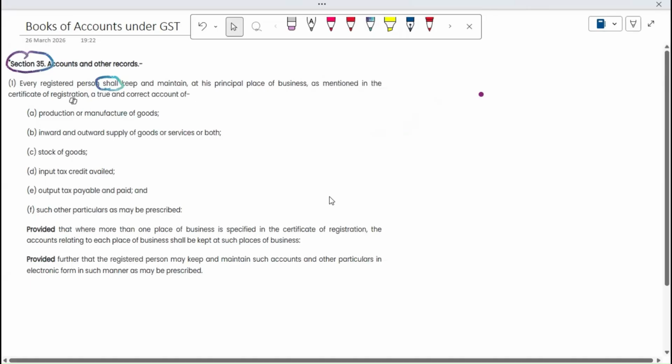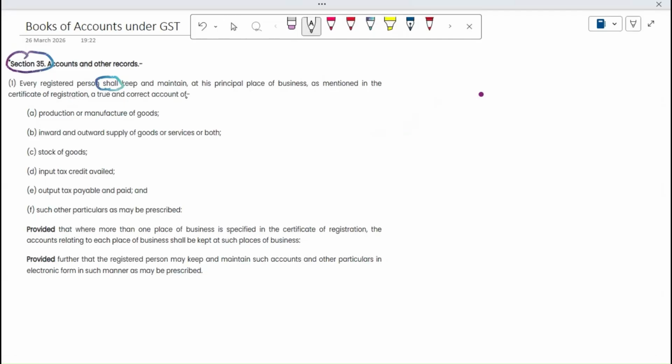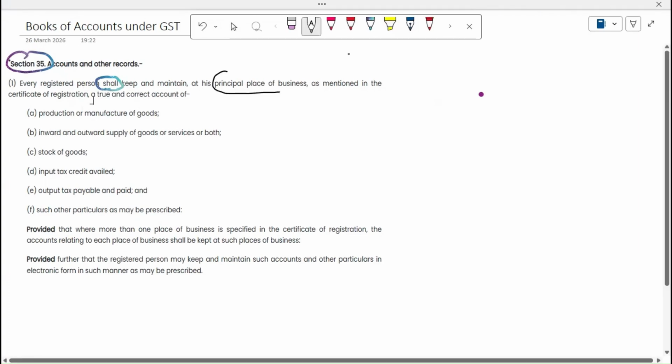shall keep and maintain at his principal place of business, as mentioned in the certificate of registration, a true and correct account of. So they are asking us to maintain books of accounts at the principal place of business. So the GST law is asking us that, look, maintain your books of accounts at the principal place of business.